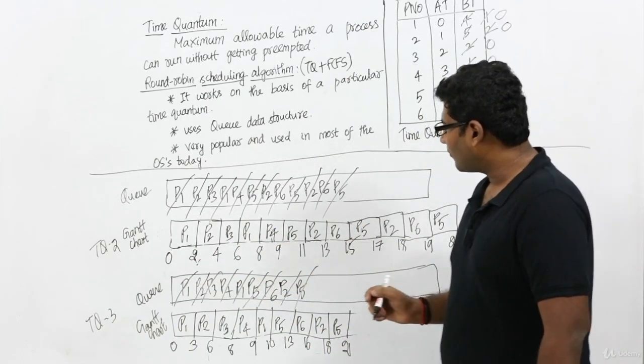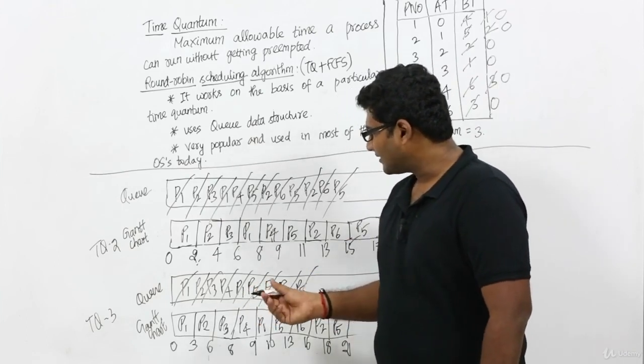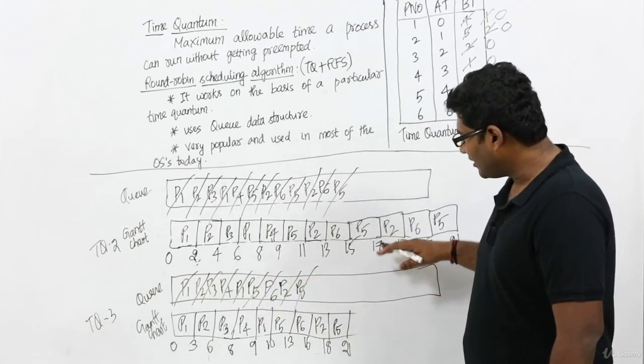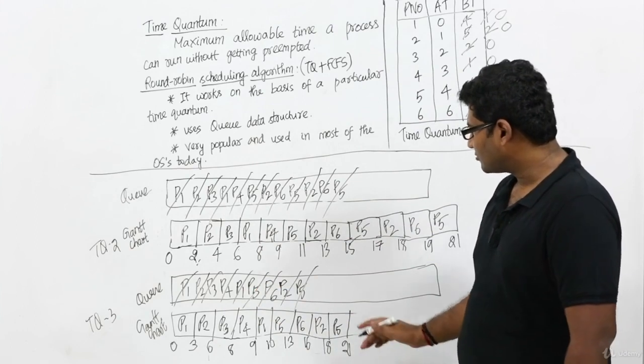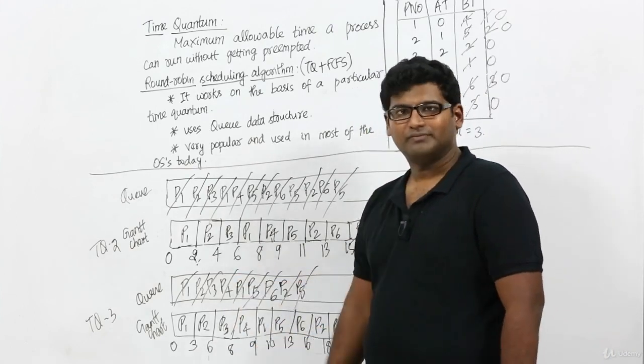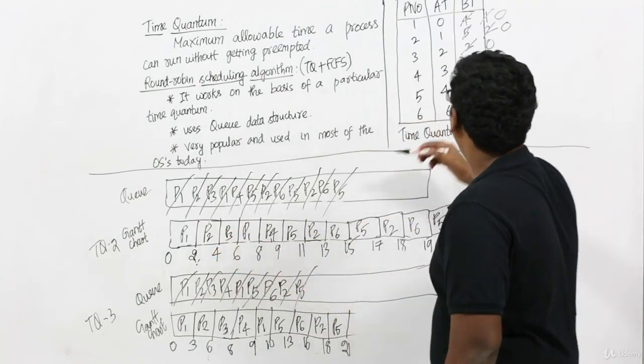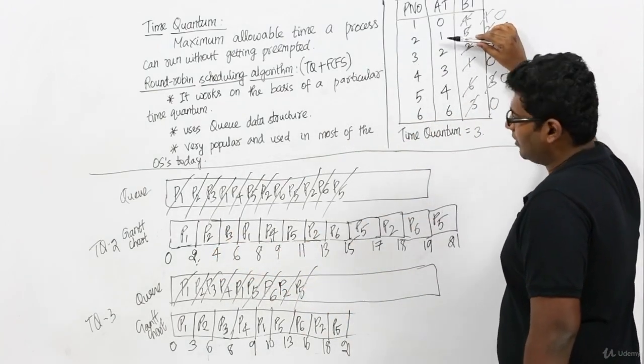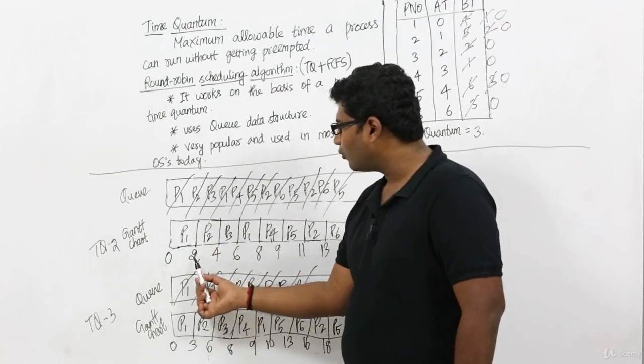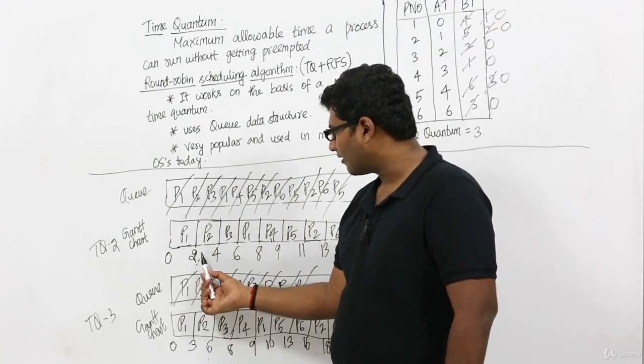Fine. And one more important point you need to notice is, as time quantum increases, the response time also increases. See, for example, for process P2, process has arrived at time unit 1 and it got the CPU at time unit 2, which means the response time is 1, right?